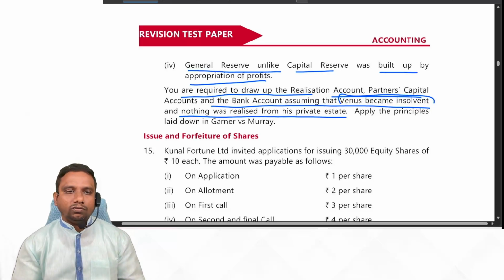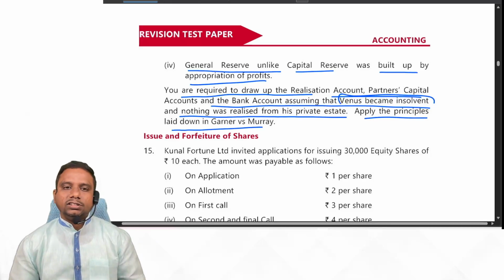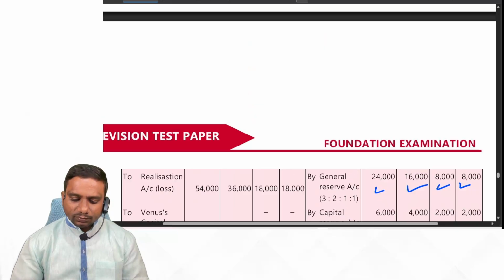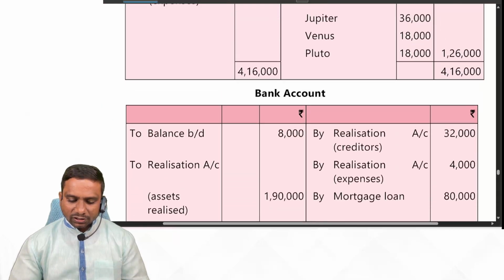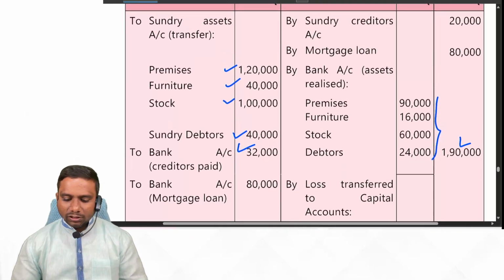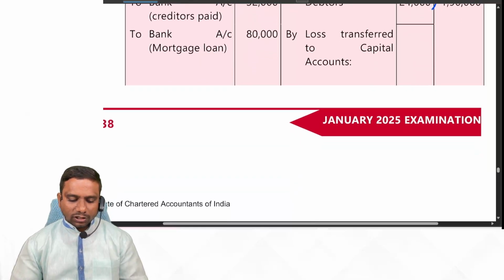Venus became insolvent. Here we apply the Garner versus Murray rule. Apply the principles laid down in Garner versus Murray. Simple problem, students. Very, very simple problem. So the realization account is completed now. Find out the balance in the realization account and distribute it to the partners. Here we have a loss. Observe carefully.